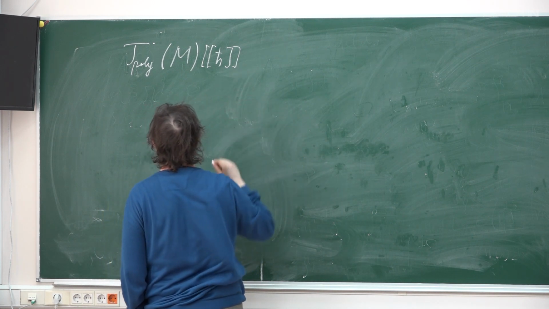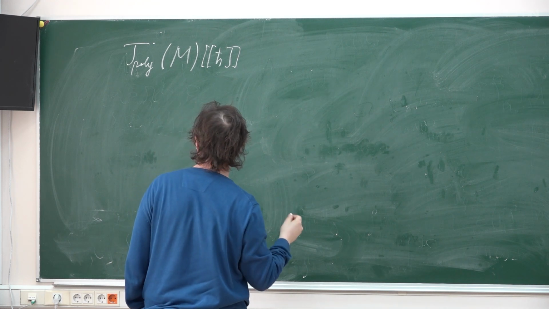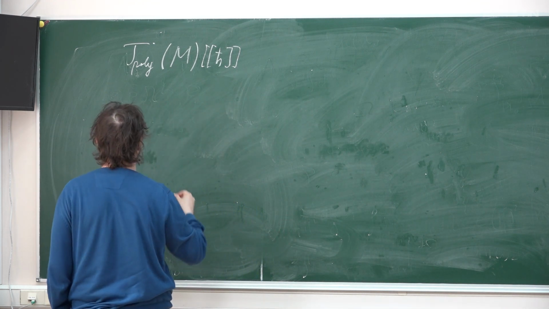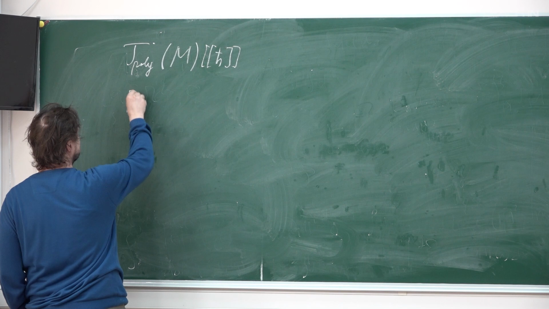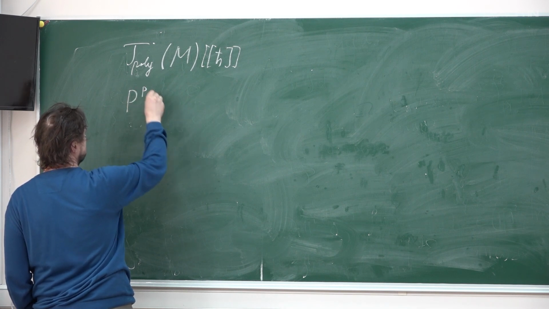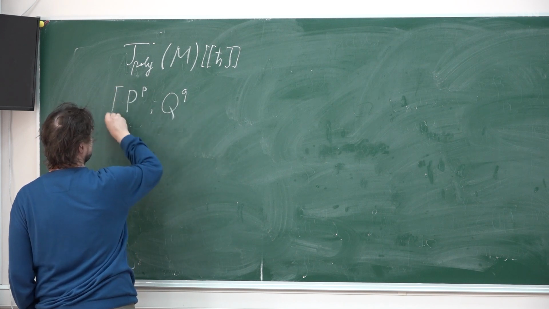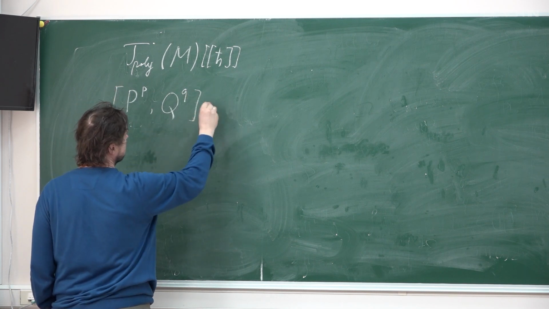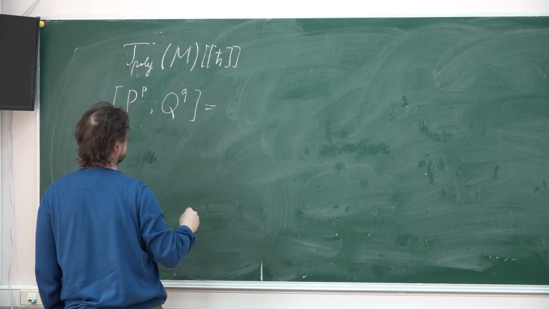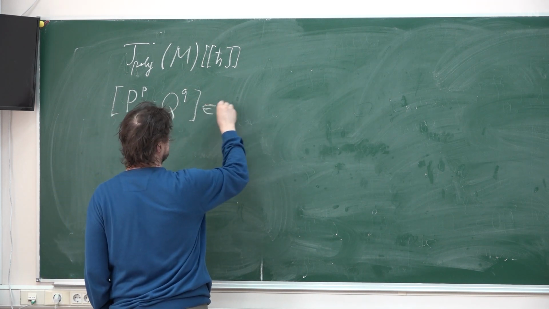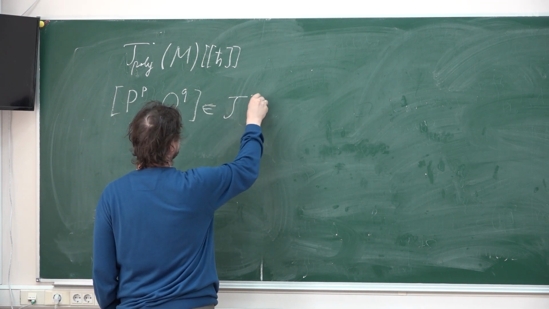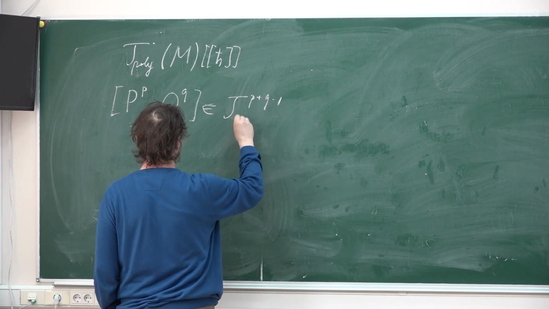And also, it is convenient to shift the dimensions. As you remember, if you take two polyvectors p and q of degrees small p and small q, and there's Schouten bracket, it will be in degree p plus q minus 1.